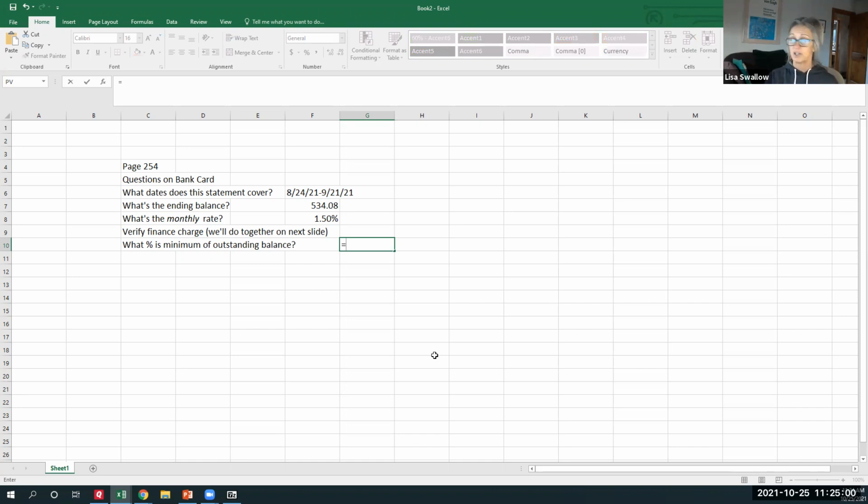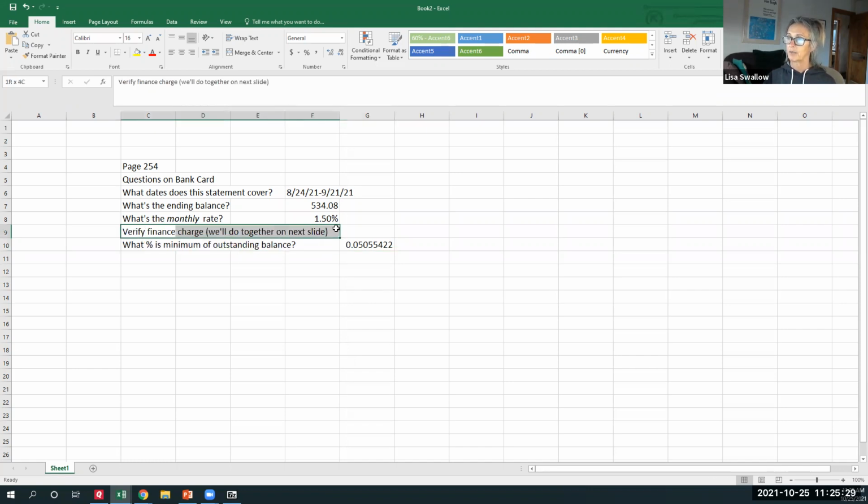So all this information has to be there somewhere, but there's not like a standardized format. $27 divided by 534. Is that right? 27 divided by 534. Yeah, it looks like the minimum payment is about 5% of the outstanding balance.